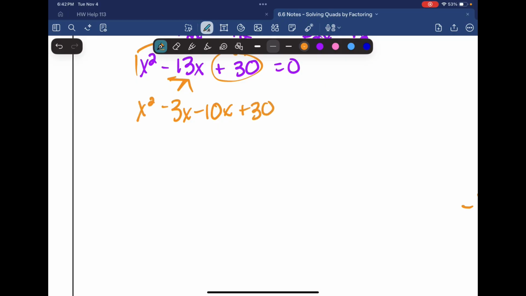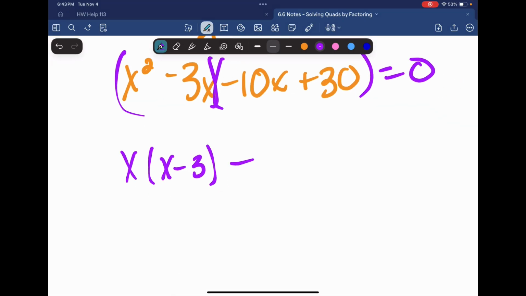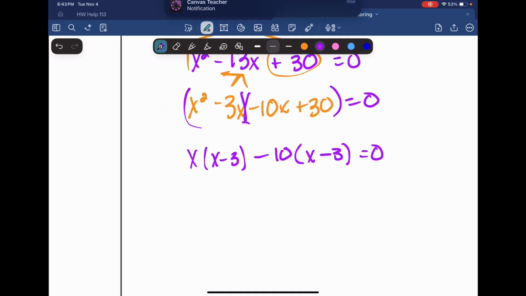And just like I showed you to do for 6.2, 6.3, 6.4, and 6.5, group the first two and the last two. GCF of the first group is an x. Bring down that minus sign, and GCF of the second group is a 10. So that's going to make that a positive x and a negative 3. Common binomial factor.